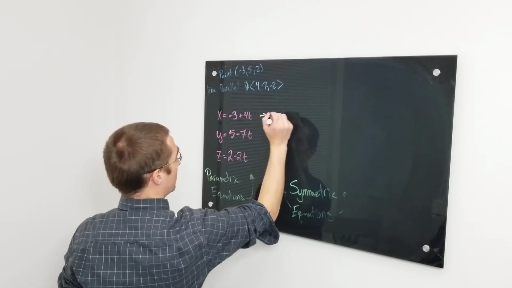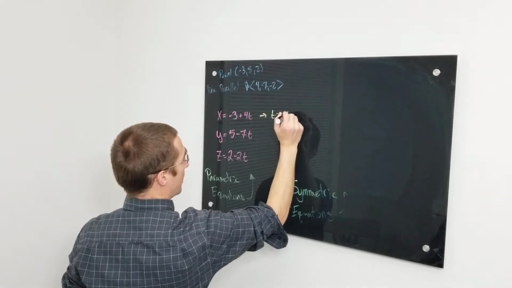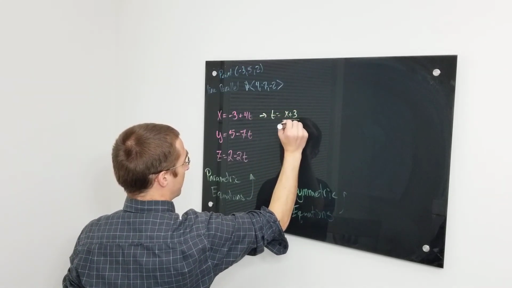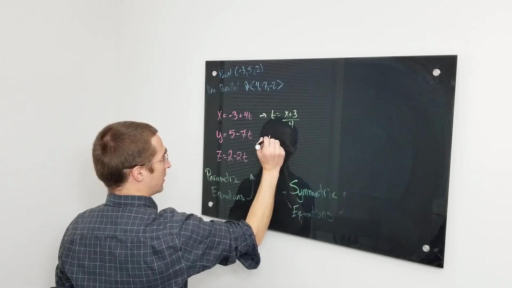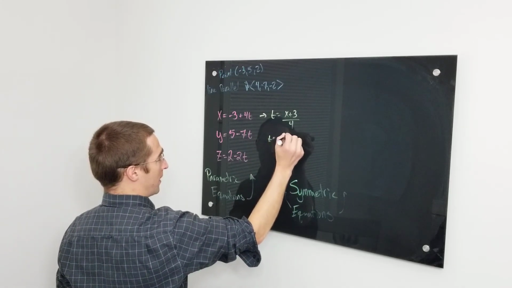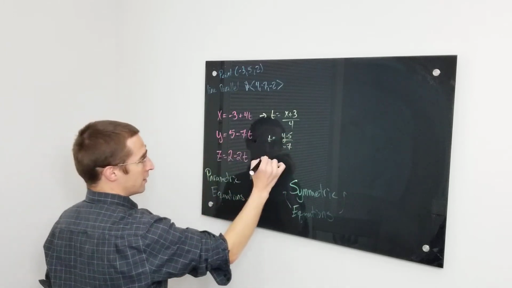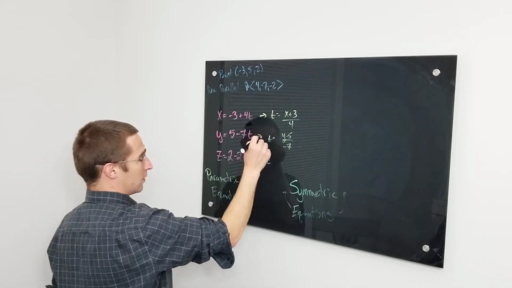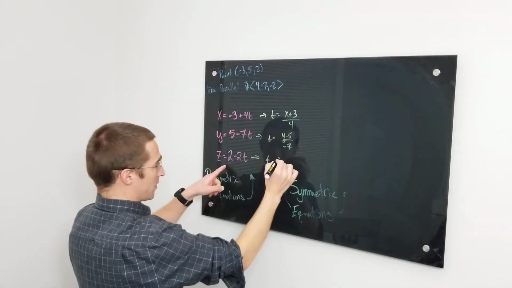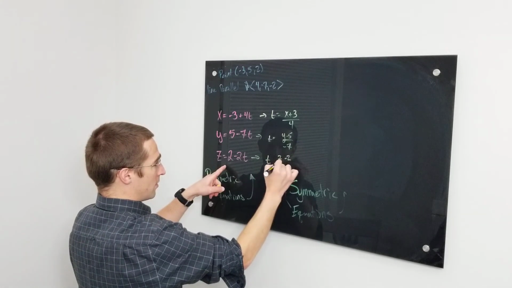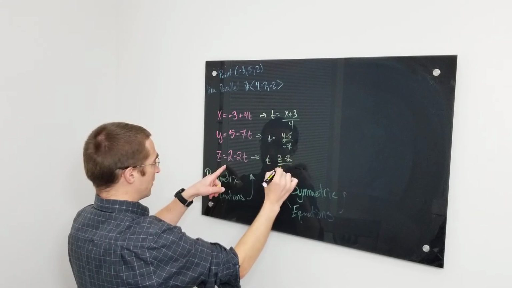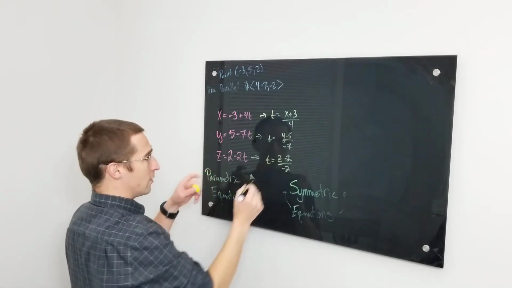Here, t equals x plus 3 divided by 4. Here, t equals y minus 5 over negative 7. Subtract and divide. Here, t equals z minus 2, let's make it a 2, divided by negative 2.